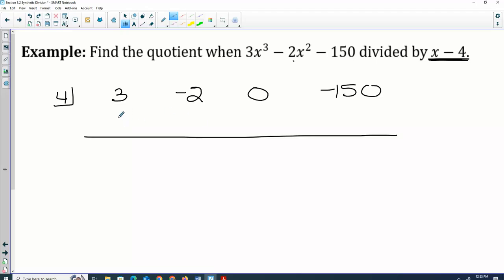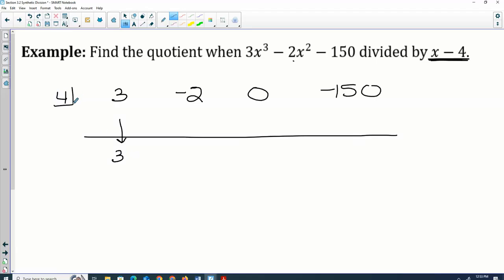So in synthetic division, the first number comes all the way down. So the 3 comes down. Now it's just a series of multiply and add. The reason on long division we subtract, here we're adding, is because we already did the opposite when we put the positive 4 here instead of negative.